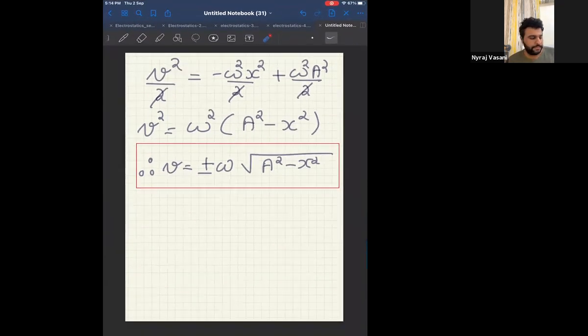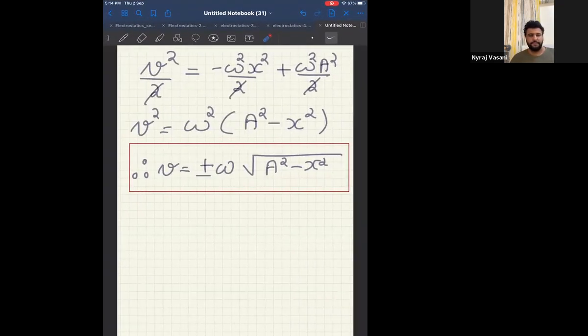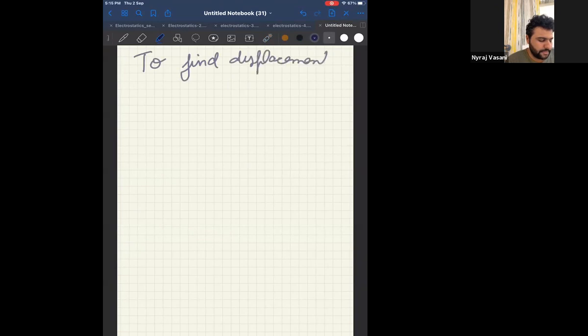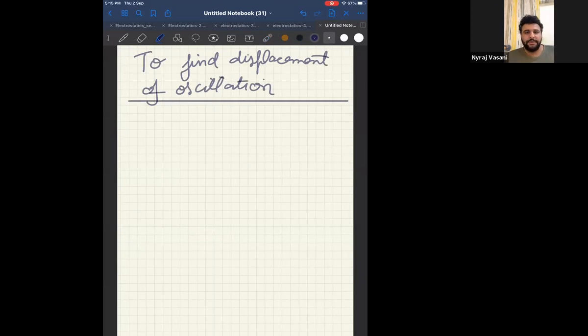Okay, now look at this trick. Now my third derivation is to find displacement of oscillation.